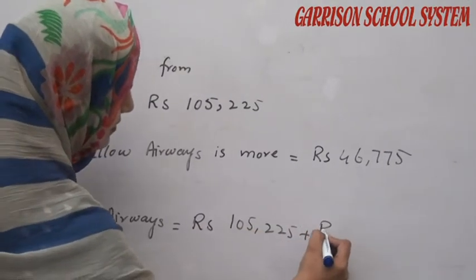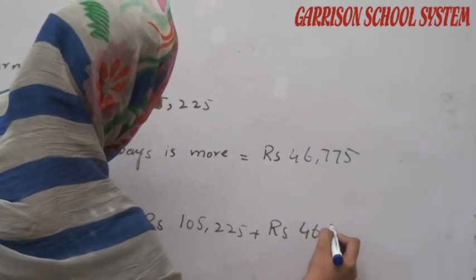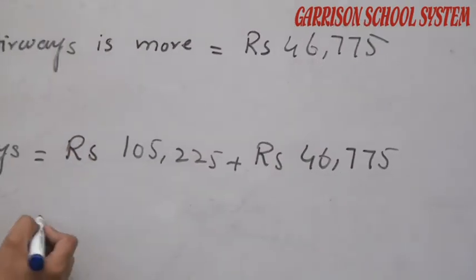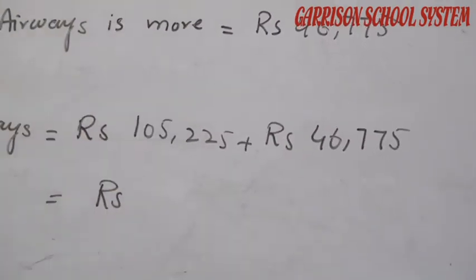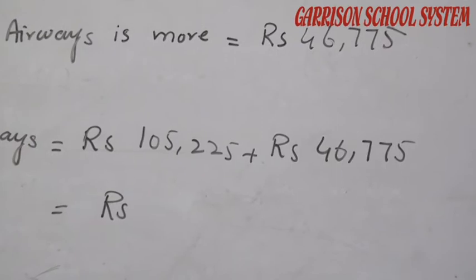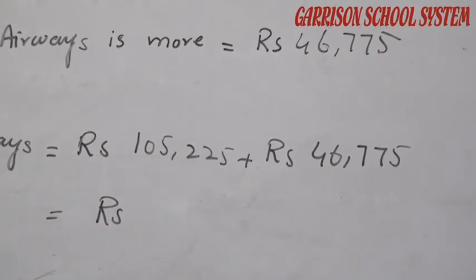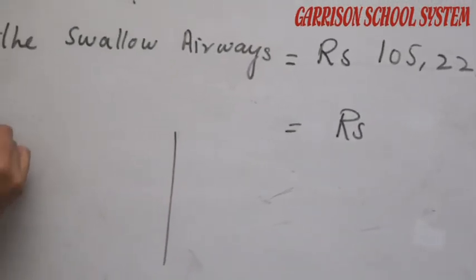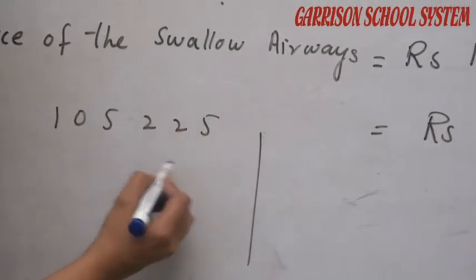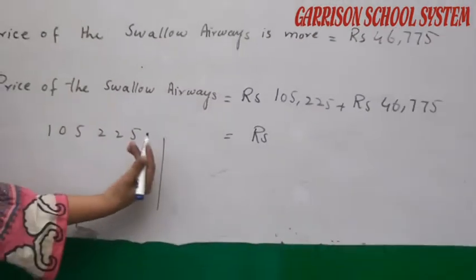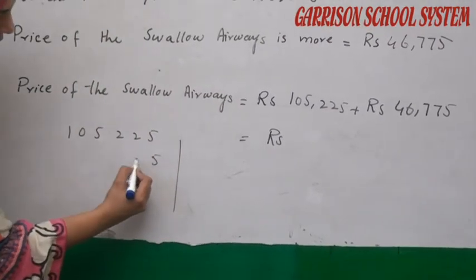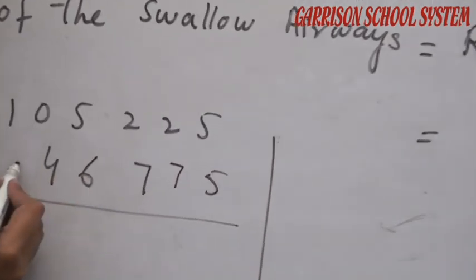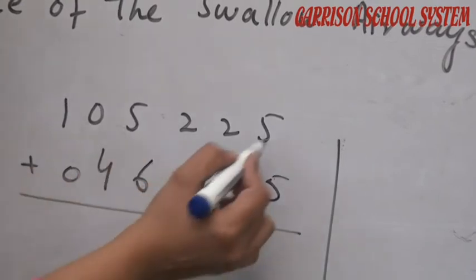105,225 plus rupees 46,775. When we add this number, students, we get the value. In this way you will add. For example, we add here 105,225, and we will start from the right side, not this side. 5, 7, 7, 6, 4, and here we can put the 0.